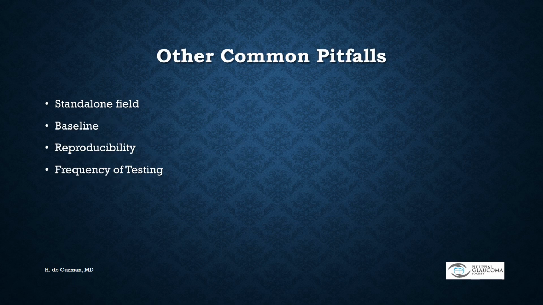Other common pitfalls when interpreting perimetry results are interpreting the visual field alone without correlating it with the structural tests, not getting a proper baseline, not checking for reproducibility of the results, and improper frequency of testing.